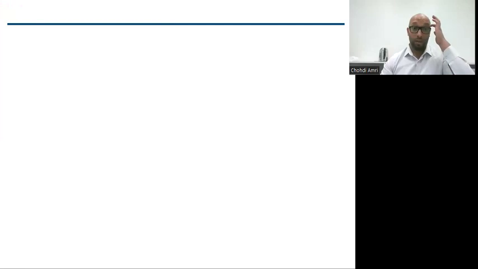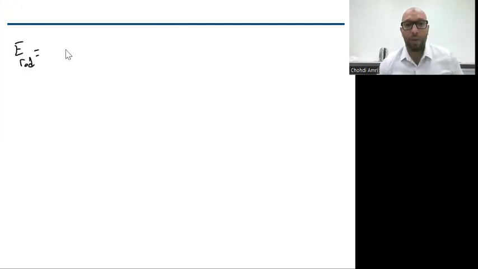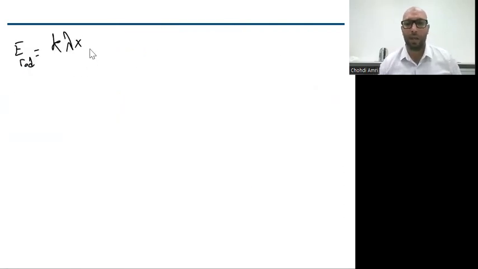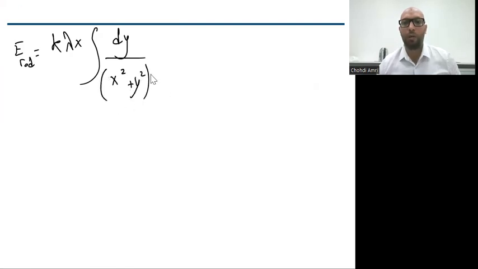So the electric field E produced by the rod will be k lambda x. What is our variable? The variable is y. So anything other than y will be considered a constant, multiplied by the integral of dy divided by x squared plus y squared to the power 3 over 2.